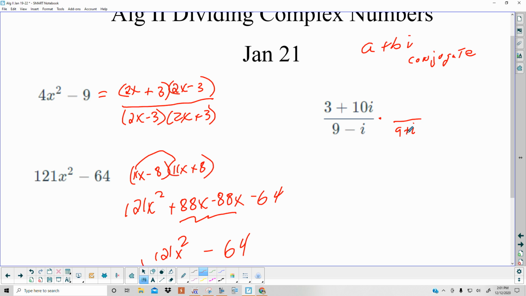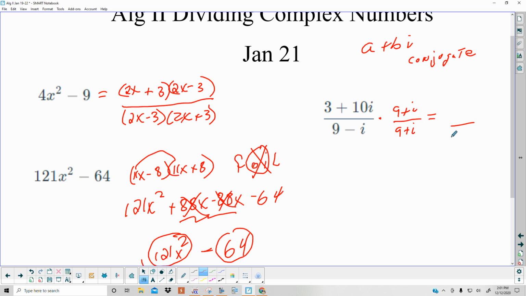If that's a minus, you make a plus. On the bottom, you don't have to go through the whole FOIL. When you see this pattern, just square the first thing, minus square the second thing. Why? Because the middle is always going to cancel. It would be a waste of your time to FOIL because these are always going to cancel out.